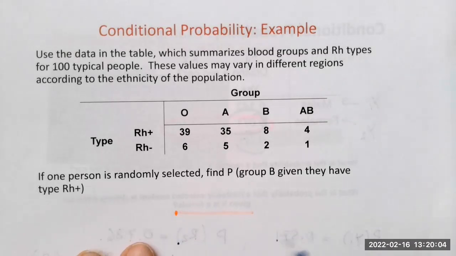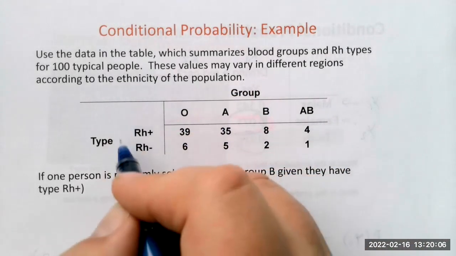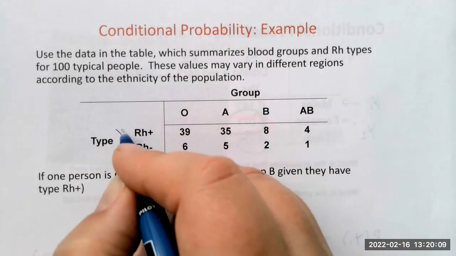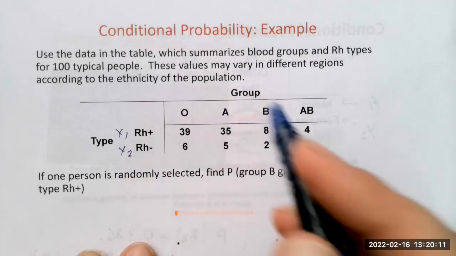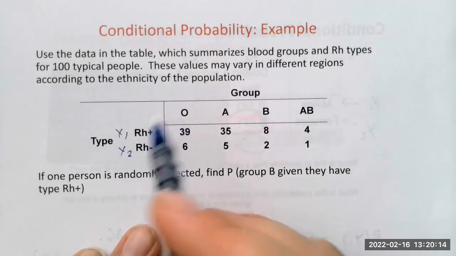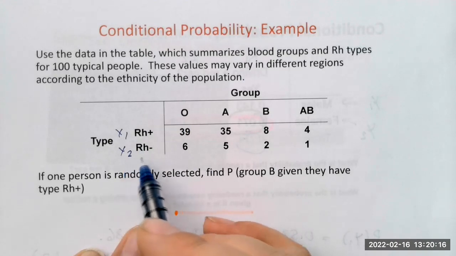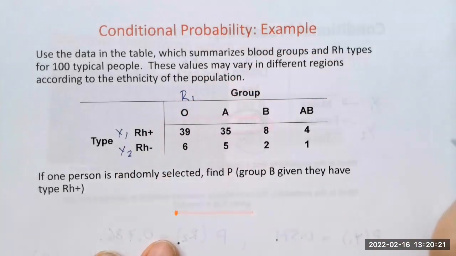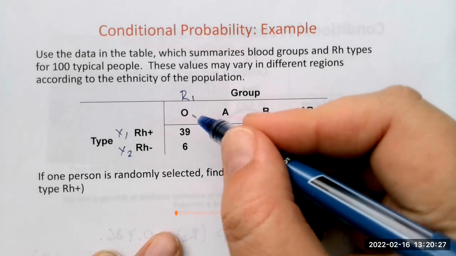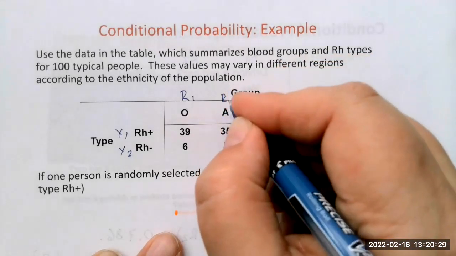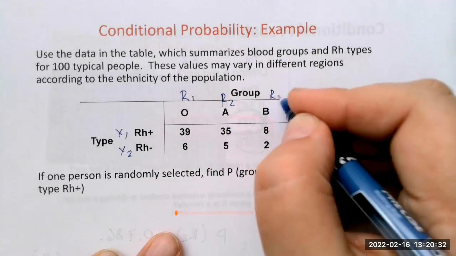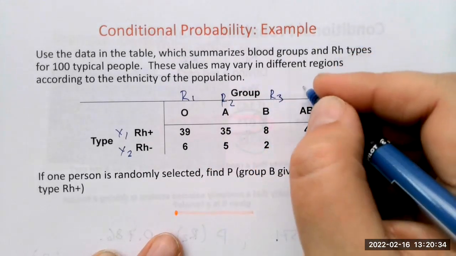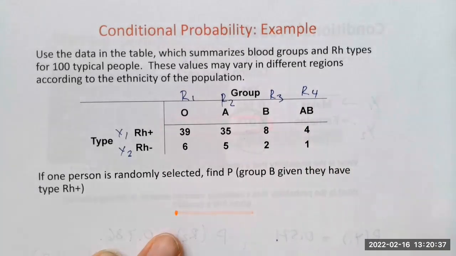RH positive. Okay, so again, let's label our events: Y1 being RH positive and Y2 being RH negative. Then R1 is the event where a randomly selected person has blood type O, R2 would be blood type A, R3 would be blood type B, and R4 will be blood type AB.